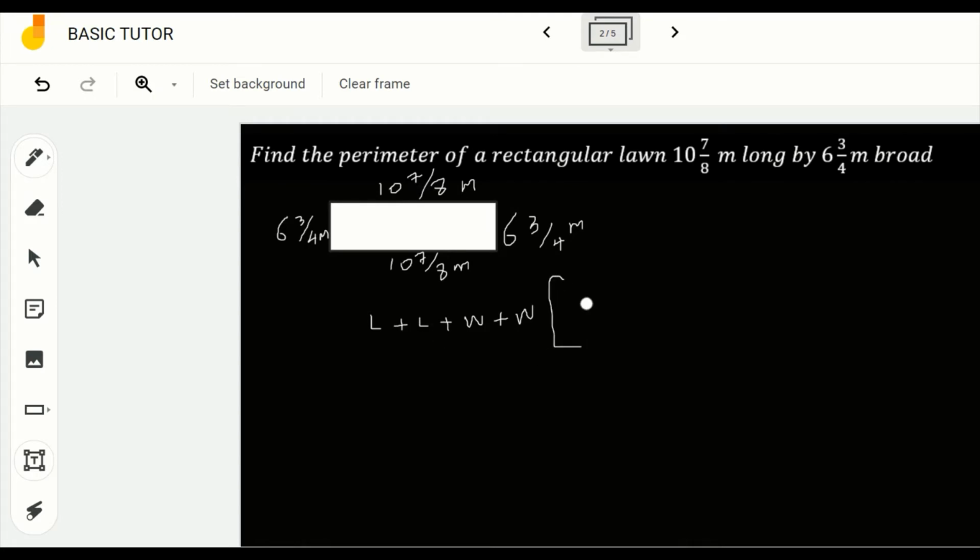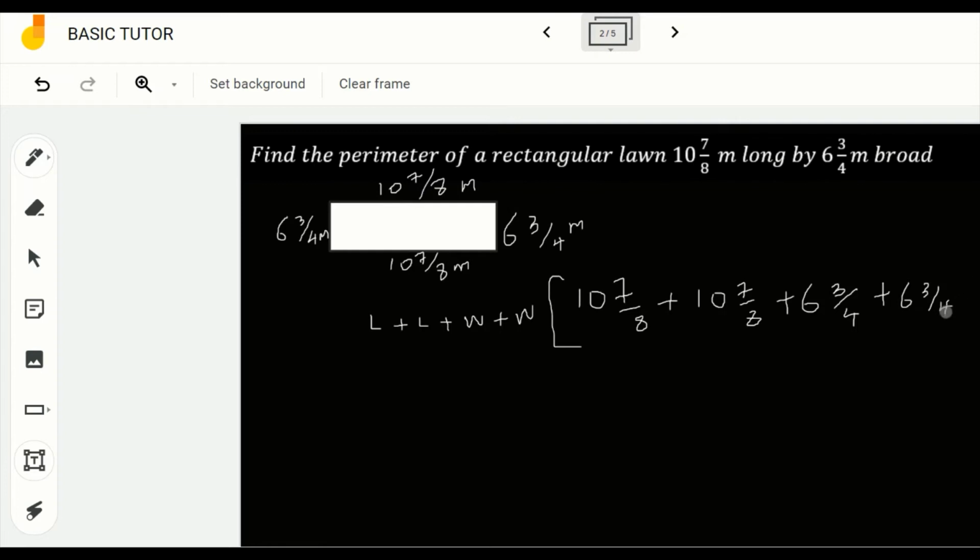So my length is 10 7/8 plus the next length is 10 7/8 plus the width is 6 3/4 plus the next width, which is 6 3/4.